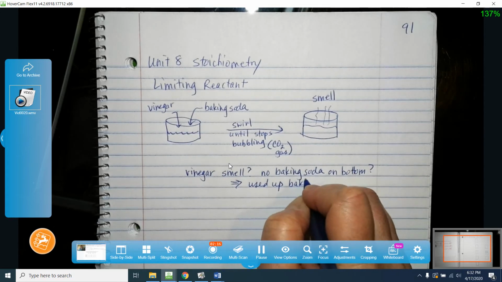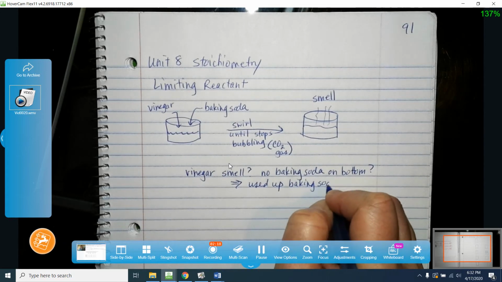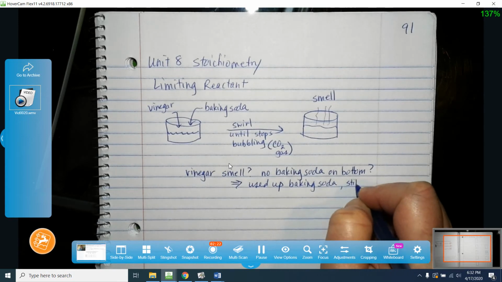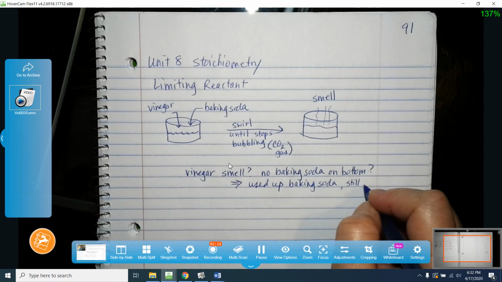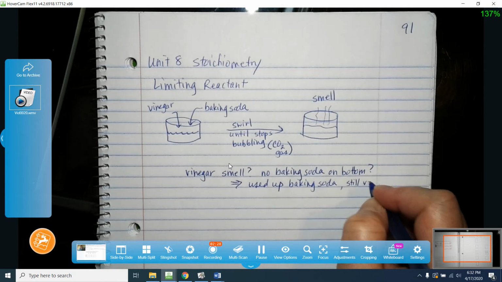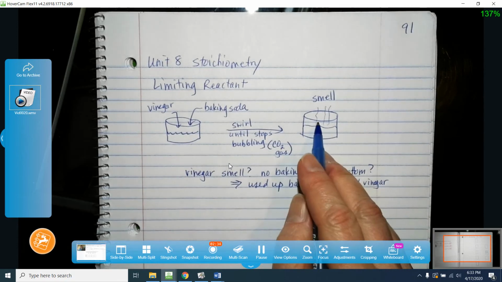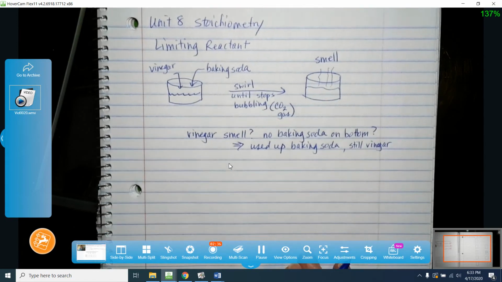Makes sense, right? And you ran out of this stuff. And so you most likely still have vinegar. And you can tell because you should be able to smell that vinegar smell.